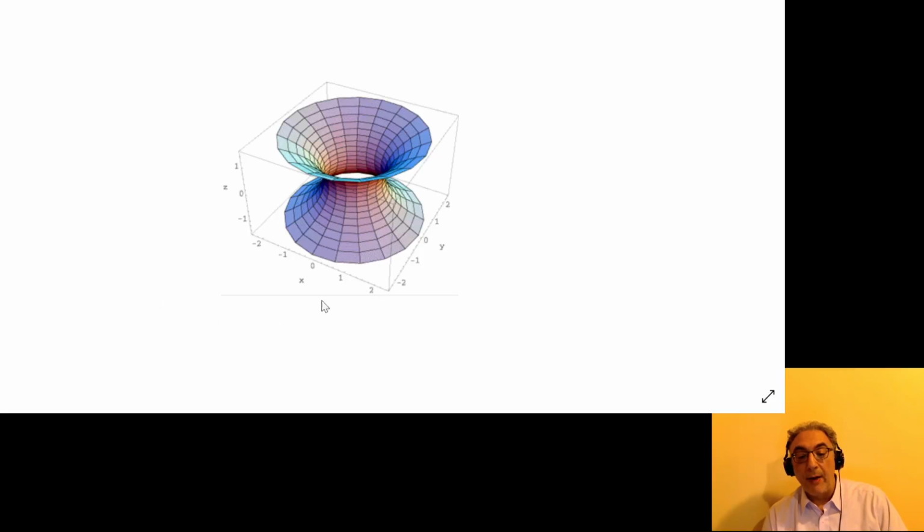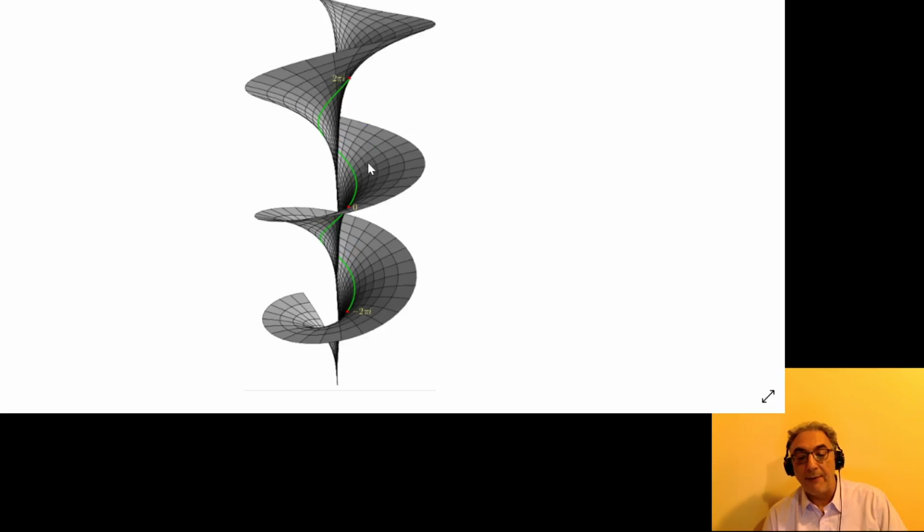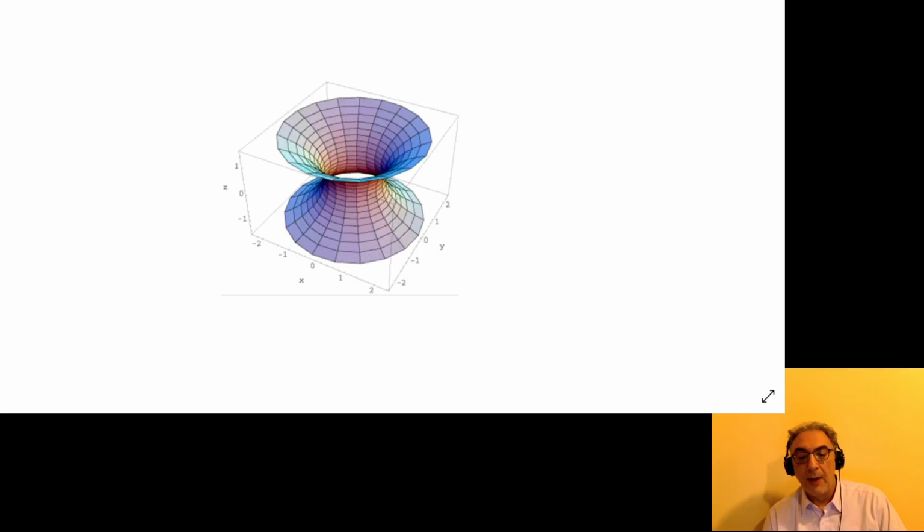So there is a particular, very interesting relation between the catenoid and the helicoid, which is also a minimal surface. This is a higher order relation, and it's interesting to figure out what this is about.